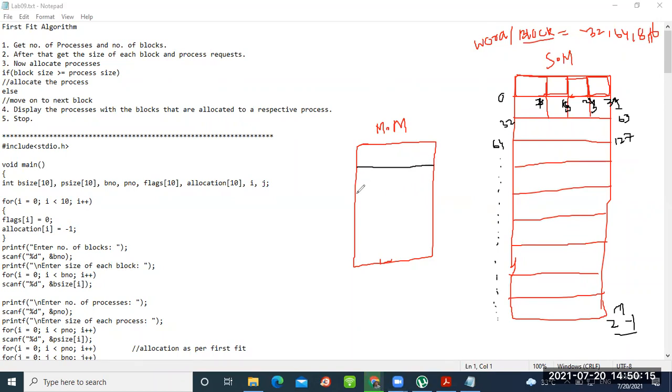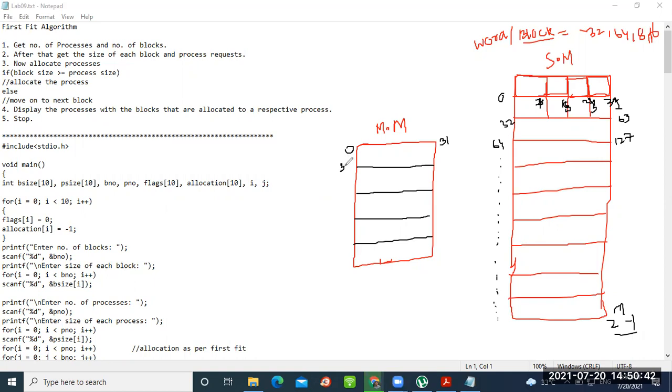Now each block of 32 size, starting from 0, it will be 31. So this will be 31.